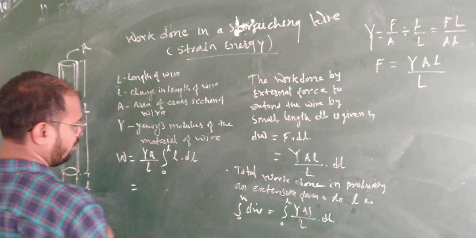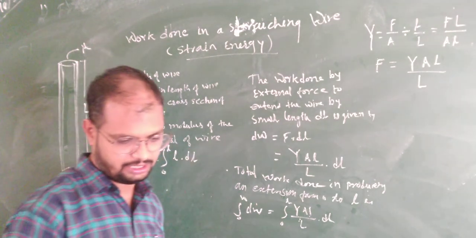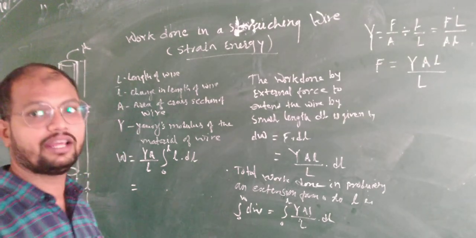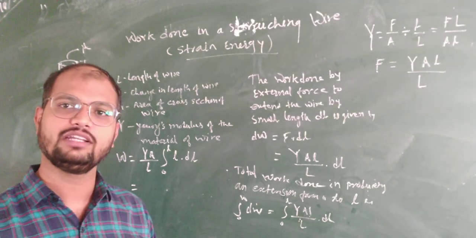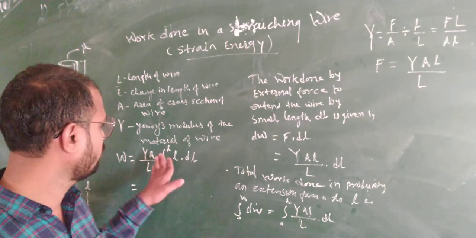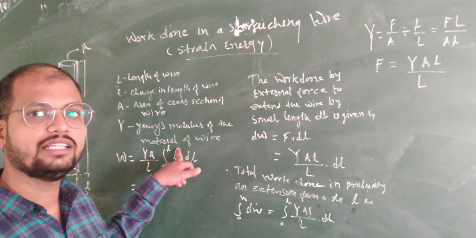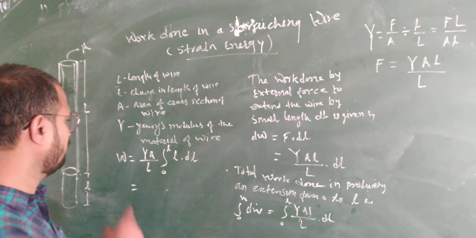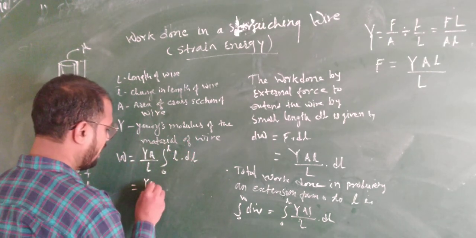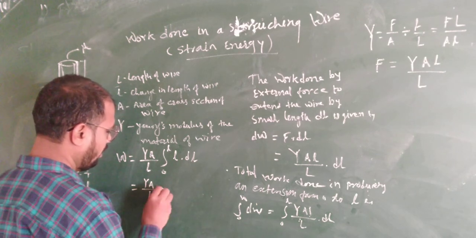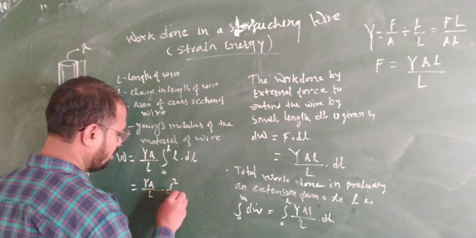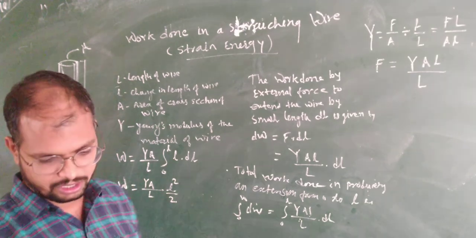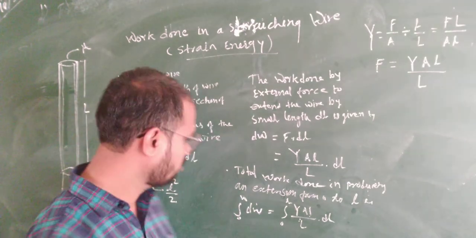What is the integration? x to the power n becomes x to the power n plus 1 divided by n plus 1. Here the power is 1, so 1 plus 1 is 2. So l square divided by 2. So Y A upon capital L into l square by 2. This is the total work done. This is equation number 1.